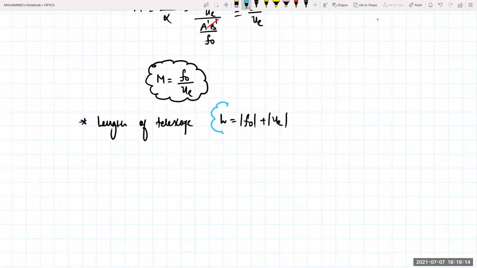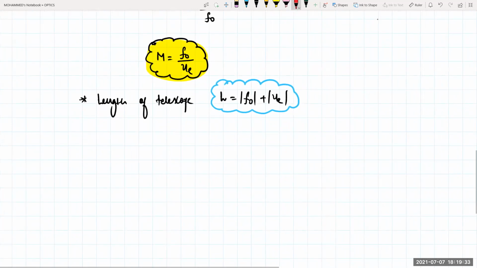Clear? So this is the magnifying power. For the magnifying power, or angular magnifying power, there is a general formula: M is equal to F naught divided by UE. Clear?